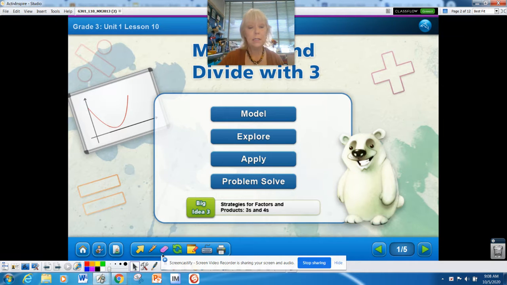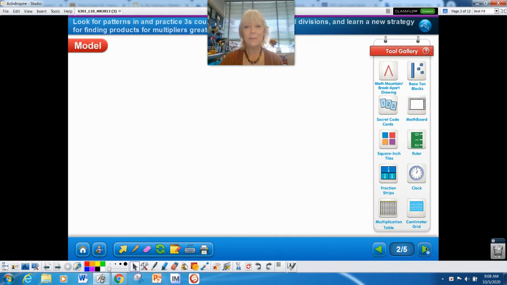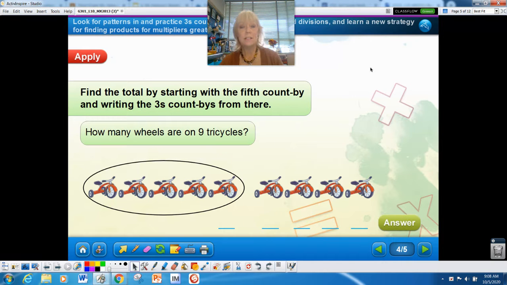So let's go ahead. We're going to take a peek here and see what we are working on. I want to hide that so I can get to my little board there. And we've kind of done those things. So this is what you're going to find on one of your math pages. You want to look for your patterns of 3. So you're going to start to find the total or the product by starting with the 5th count by. Notice what they've done here on all these pictographs.